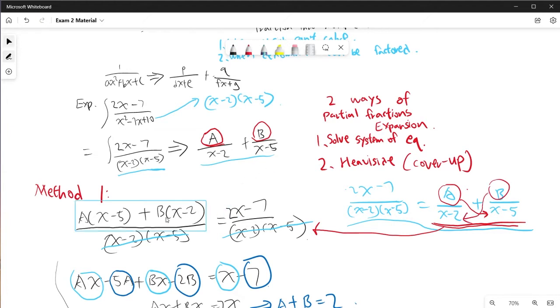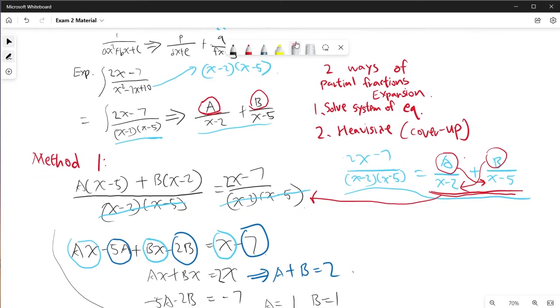Now I've made the left and right side denominators equal, so I can cancel them out by multiplying by that denominator on both sides.